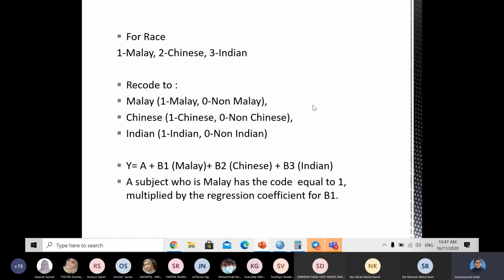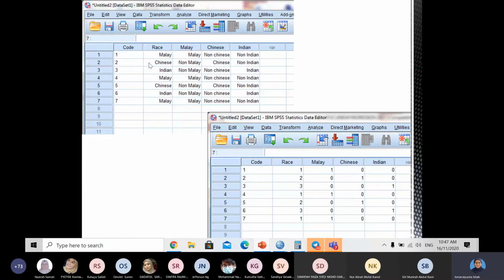So in your thesis, if you are using this, it has to be explained, maybe in a table in your thesis. Okay, this is how you write, this is how you code the dummy coding in SPSS.